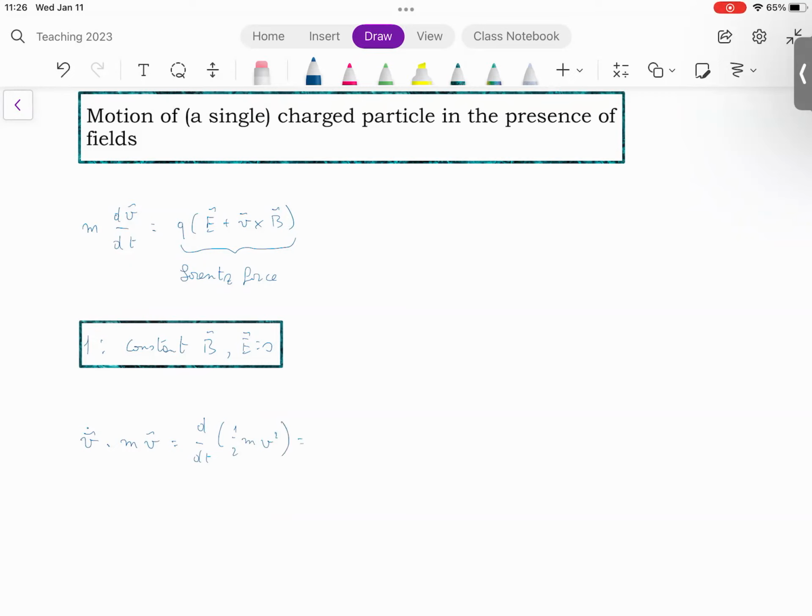So this is going to be equal to what I have on the left, the left-hand side of my equation of motion dotted with the velocity. So on the right, I'm going to put the same thing. I'm going to dot this with the velocity, v dot (v cross b), which is obviously 0 because I have the cross product of v with another vector, and then I dot with v itself, but that cross product, as you very well know, is perpendicular to both v and b.